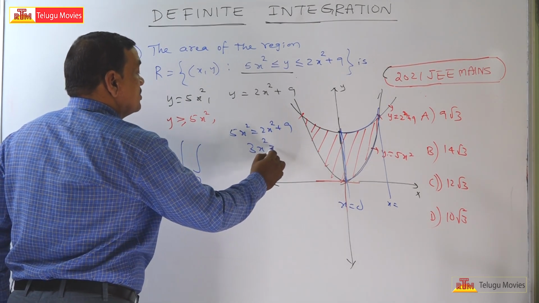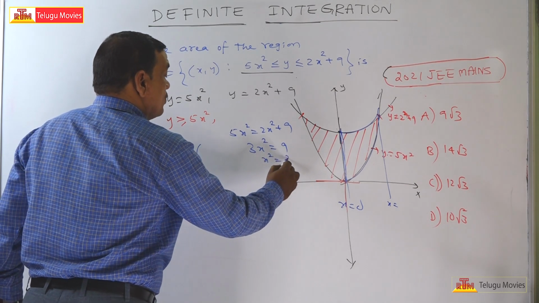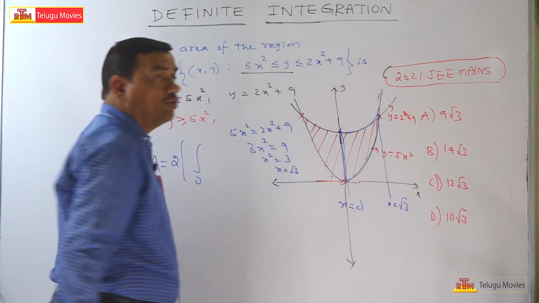This is 3x square is equal to 9. So x square is equal to 3, so x is equal to root 3.